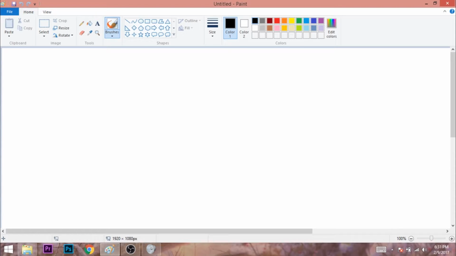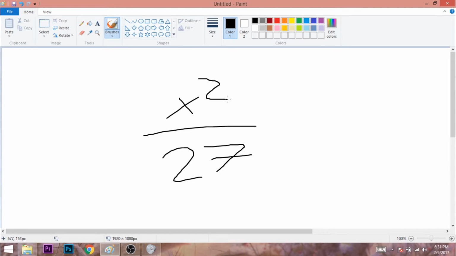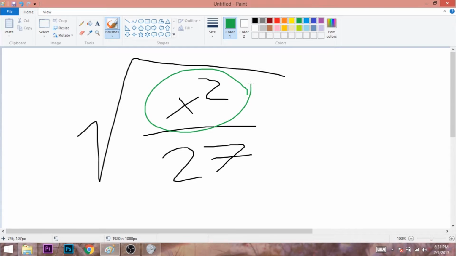Now there are some cases where you can't essentially solve it like that. What I mean is, if you have, let's say, 27 over x squared, and that's all the square root of this, right? To do this, you always want to simplify both the top and the bottom as much as possible.